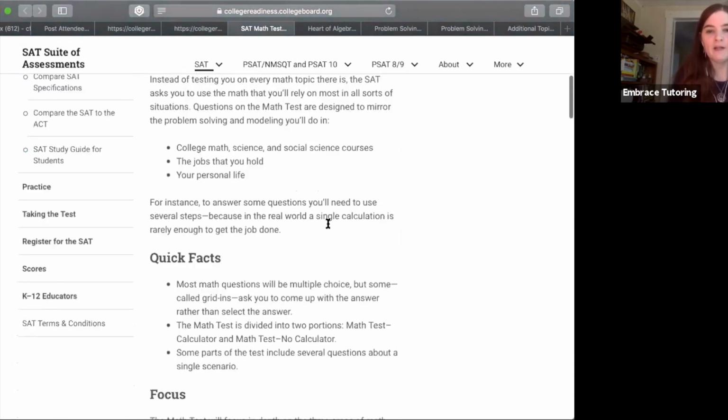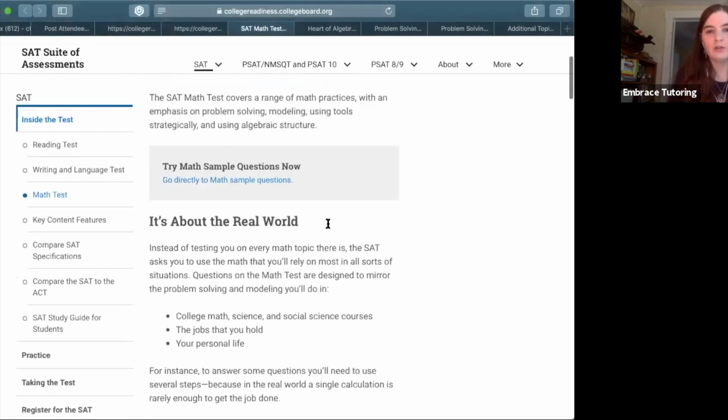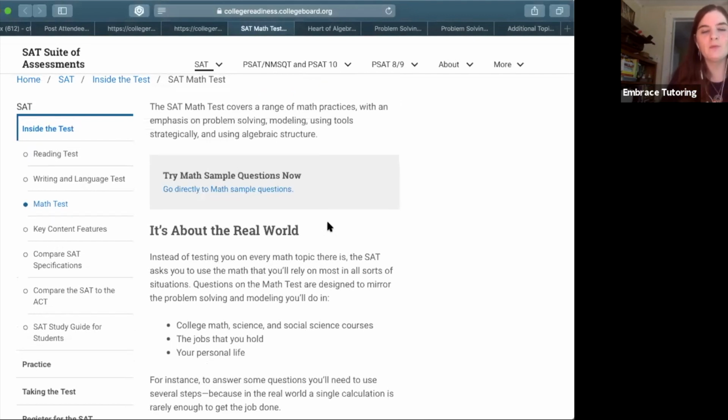That being said, we've discussed it a bit before, but the math test covers a range of different math practices with an emphasis on problem solving, modeling, using tools strategically, and using algebraic structure. Instead of testing you on every math topic out there, they're asking you about real life types of situations.